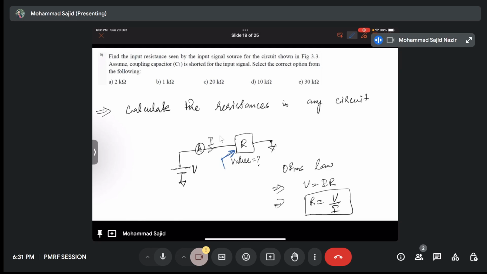If it is a known voltage, then you don't need a voltmeter separately. You supply that voltage, you check the current flowing, that's I, and the unknown resistance is connected in series. Then with the simple formula V equals IR, my resistance will be V by I.